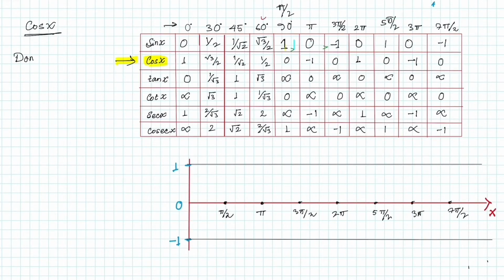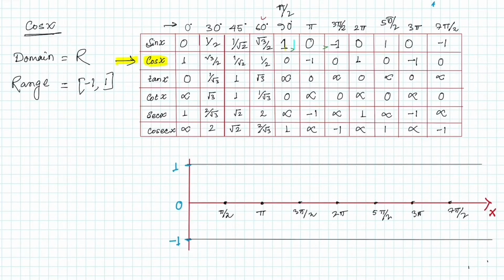So we can say domain is R, the set of all real numbers, and the range is the same as sine, minus 1 to plus 1, that means all the values of cos x are lying between minus 1 and plus 1, including those two also.